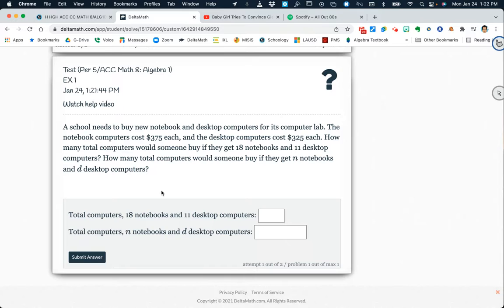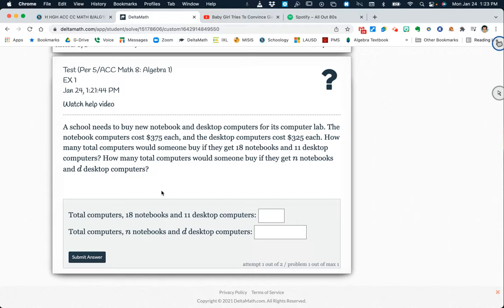A school needs to buy new notebook and desktop computers for its computer lab. The notebook computers cost $375, and the desktop computers cost $325. How many computers total would someone buy if they get 18 notebooks and 11 desktop computers?